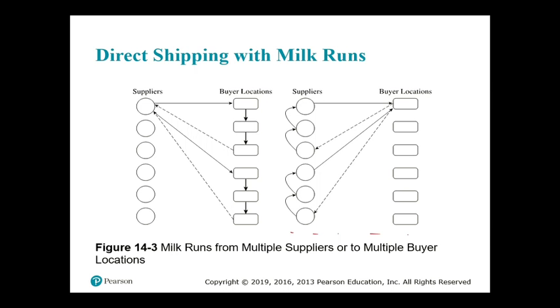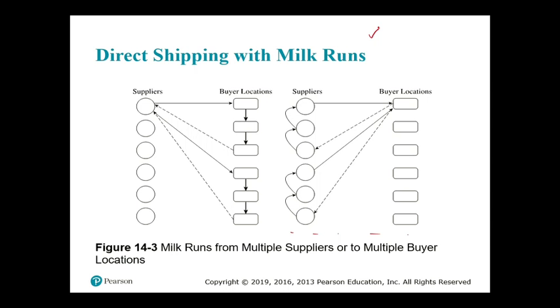Comparing to direct shipment with a single location, what is the benefit of this one? A single truck can still supply a variety of different items at the same time.